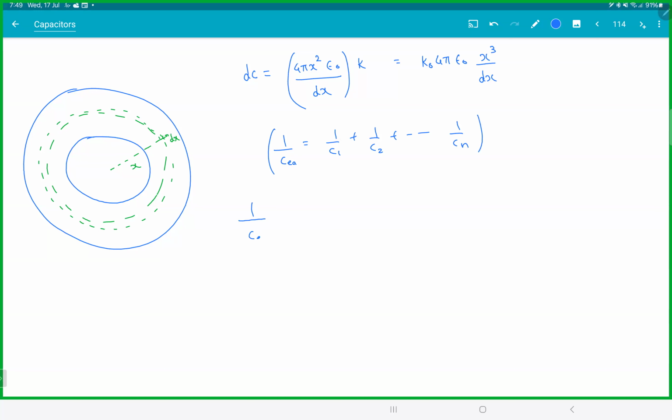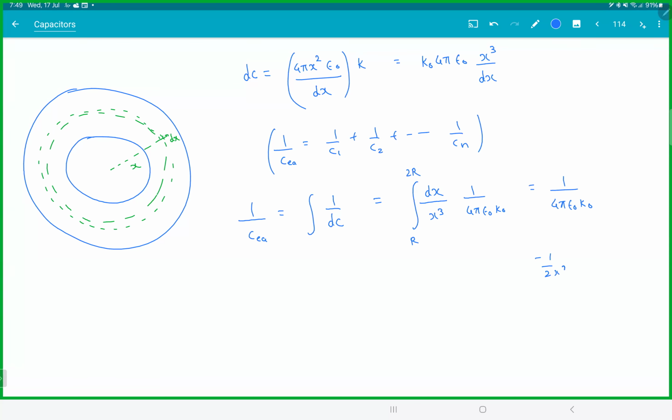So 1 by C equivalent is integral 1 by dC. That is a catch. You can't integrate dC here. So when you do 1 by dC, now you will get dx by x cube into 1 by 4 pi epsilon k naught, the integral. Limits will go from r to 2r. That would be 1 by 4 pi epsilon k naught, the integral of dx by x cube, which will be how much?